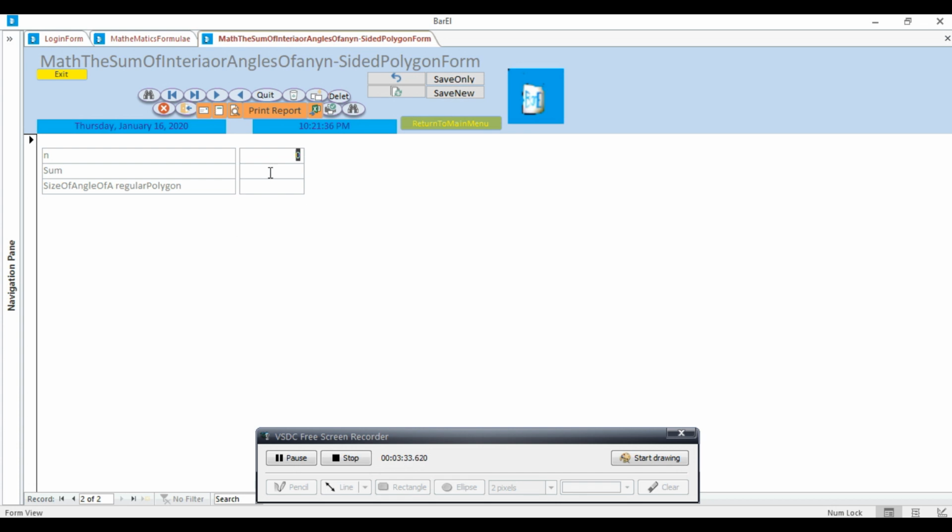What about the four-sided polygon? It is 360, and the angle is 90 degrees.